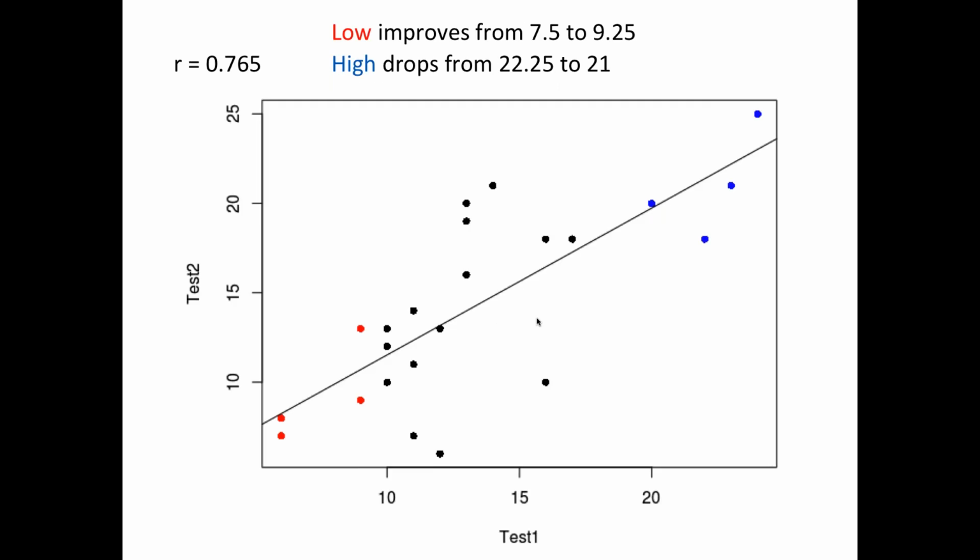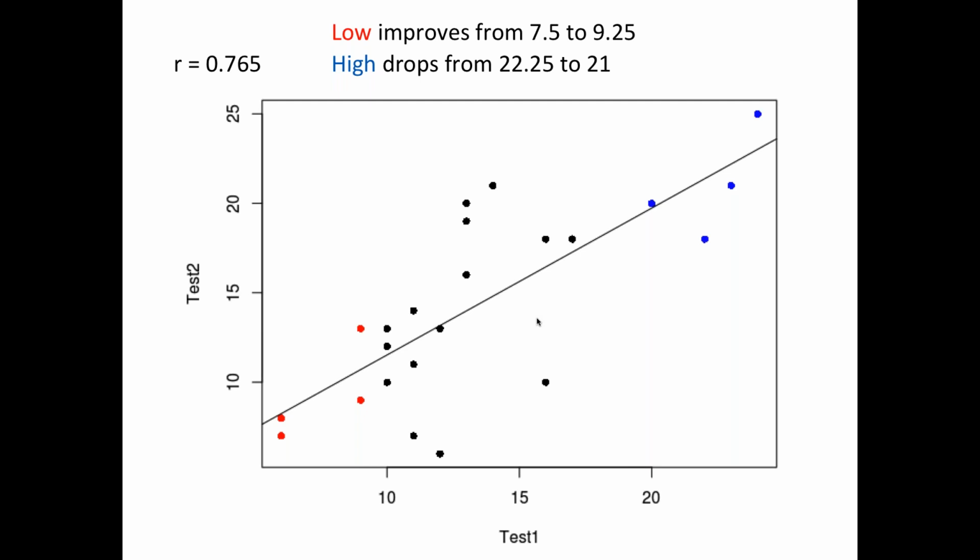Here's the last time I did this, the correlation was about 0.77 between exam 1 and exam 2. The students in the bottom left had the 4 lowest scores. I chose 4 because I didn't want to get ties there at 10. So I took the 4 lowest scores in red, and they improved from 7.5 on the first test to 9.25 on the second test.